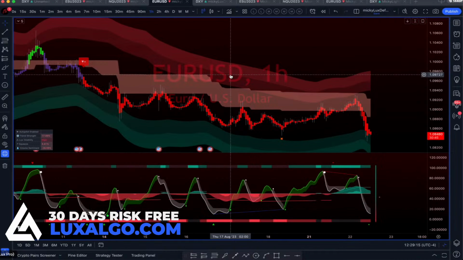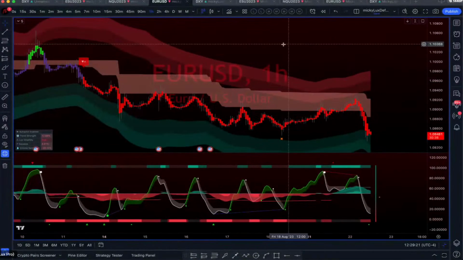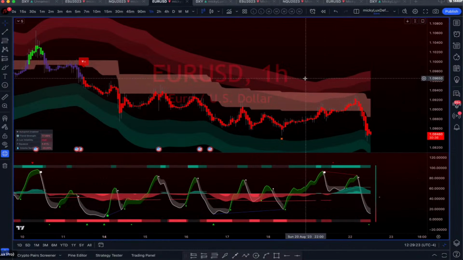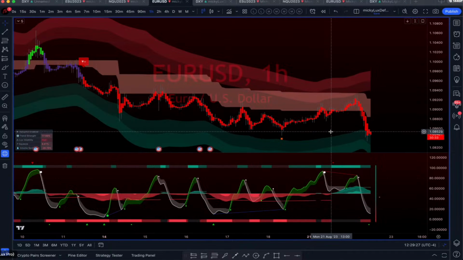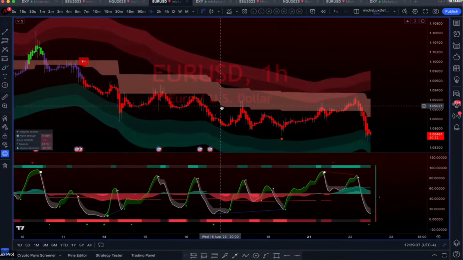Dollar's going up, meaning the euro is going down. So this pair, the euro with the dollar, is going down, right? That's the correlation with the Forex pair. You can research that and be a little bit more educated on that, and it could do you wonders if you're trading Forex, right?